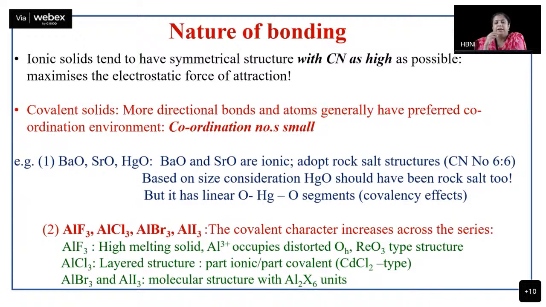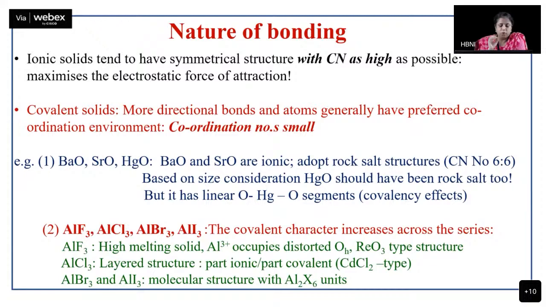But it has a structure wherein you have oxygen, mercury, oxygen linear segments. These linear segments are more closely bonded than their bonding to other segments. So this is how the covalency effect shows, because the mercury ion tends to form more covalent bonds as compared to barium and strontium.